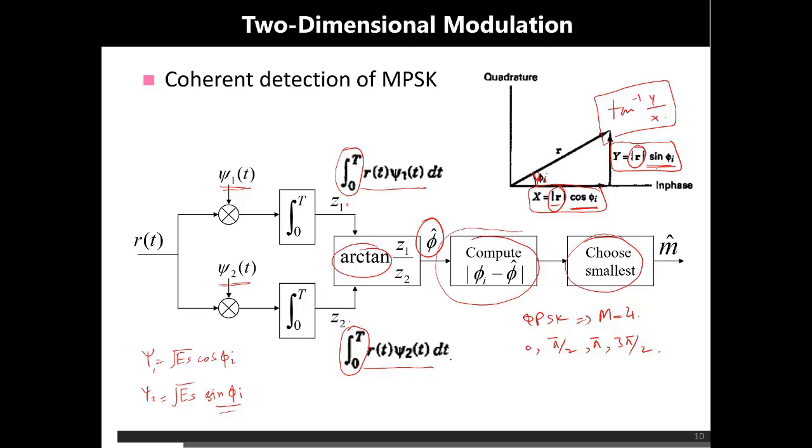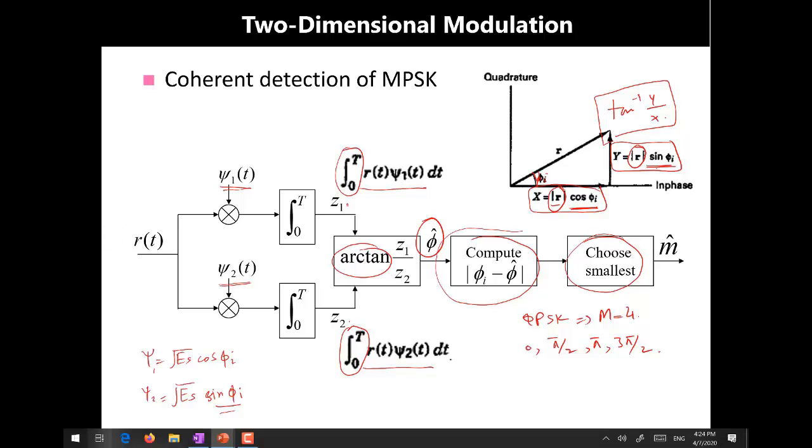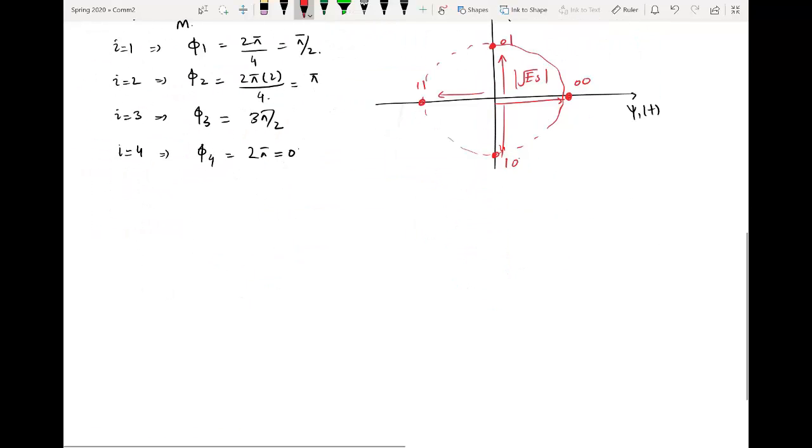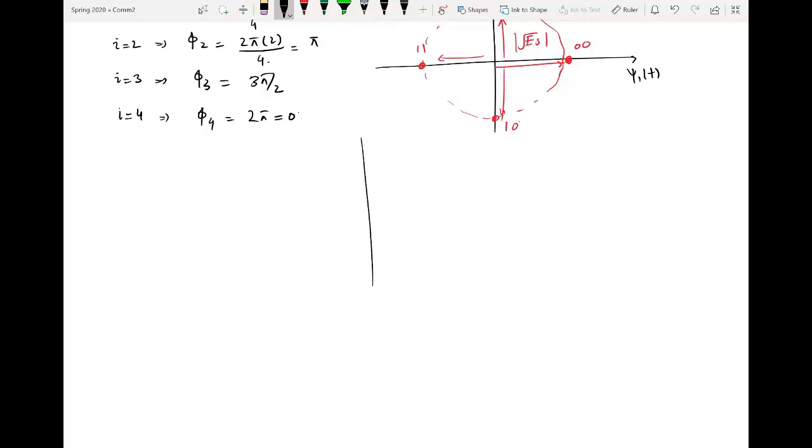So this concept can be further understood with the help of the constellation diagram. Let's say I am again drawing the constellation diagram of QPSK. So in QPSK, you see this is phi 1 of t, this is phi 2 of t, and these are the four symbols. This is 00, this is 01, 11, and 10, assuming gray coding.